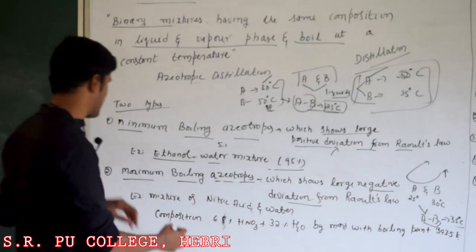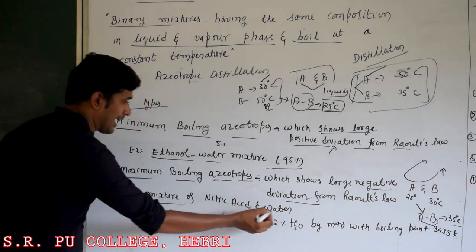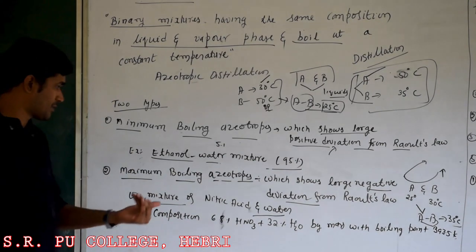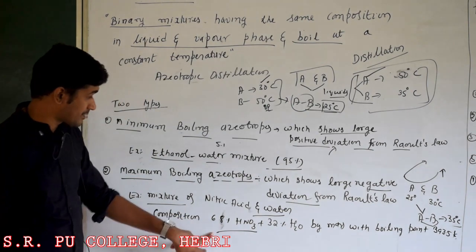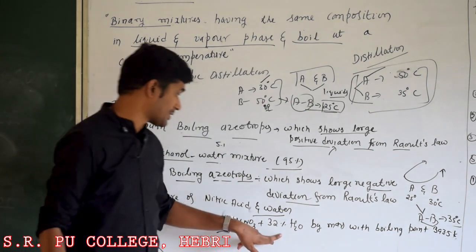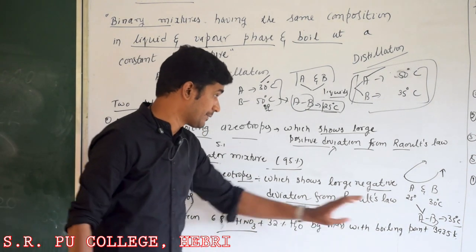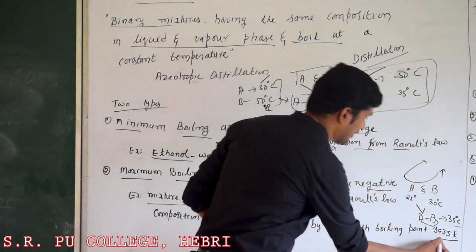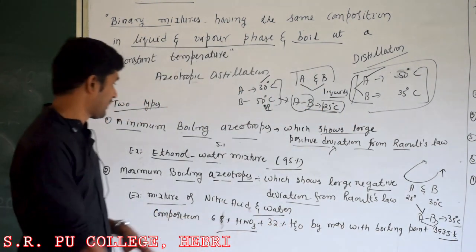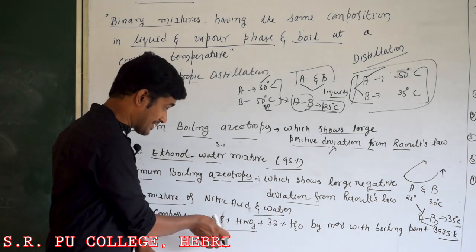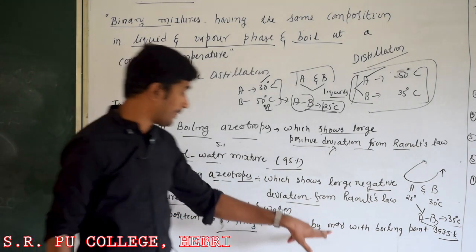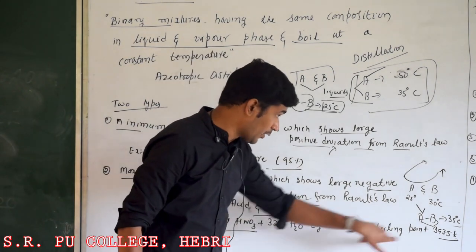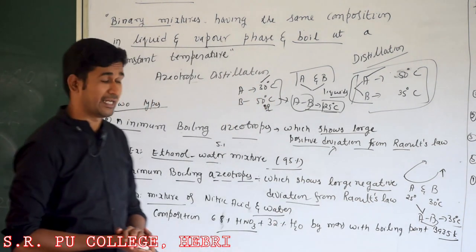Okay, the example is a mixture of nitric acid and water, not at all compositions. The composition is given like this: a mixture of 68% HNO3 and 32% H2O by mass, with a boiling point of 393.5 Kelvin.